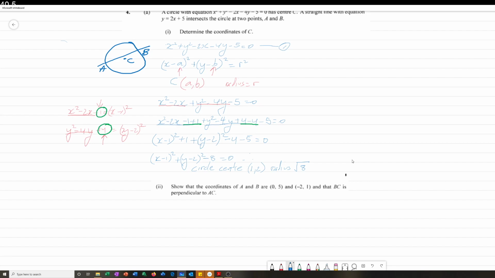All right, so I notice a slight mistake here. When I said this square is x squared minus 2x minus 1, this is actually supposed to be plus 1, right? So it's (x minus 1) squared, so this has to be a plus.